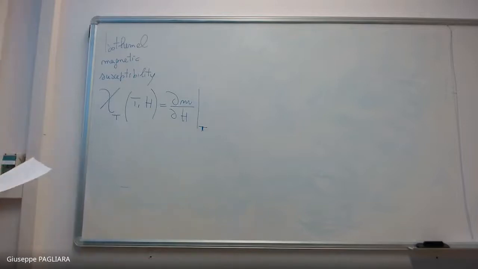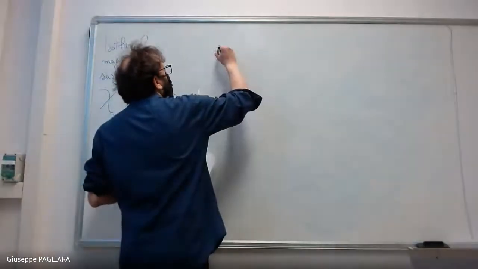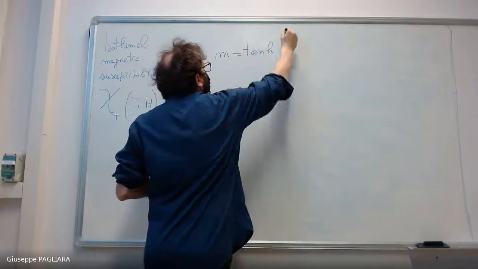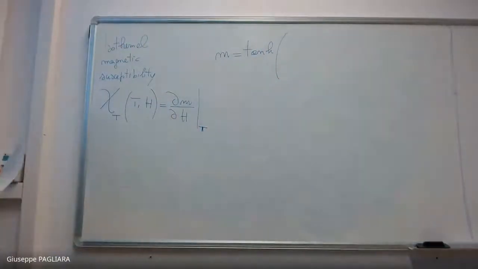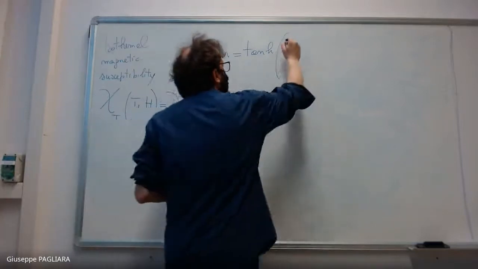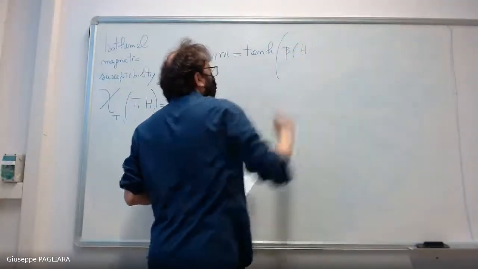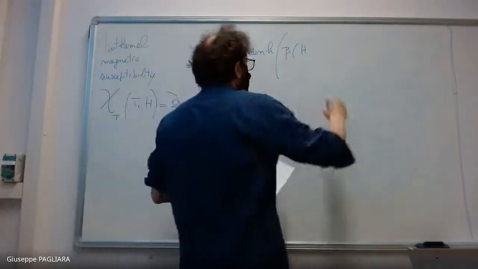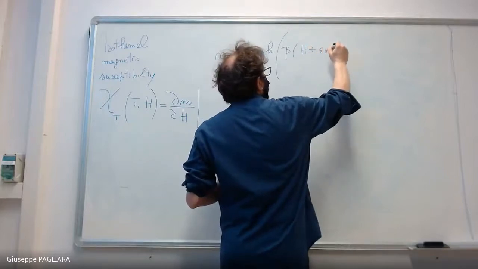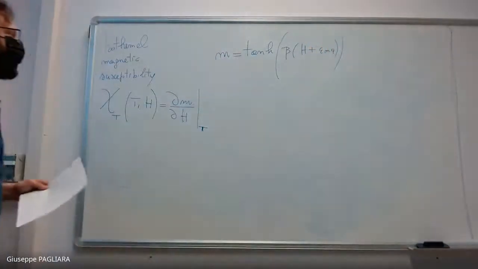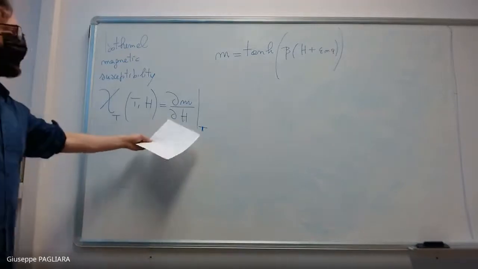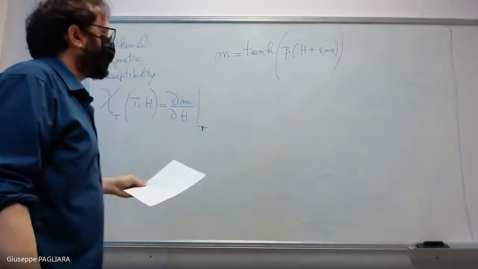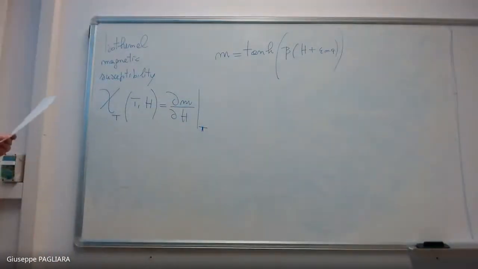Now, to compute this quantity, we have to start over with m equal to hyperbolic tangent of beta times h plus beta epsilon q m, because I am deriving with respect to h, so I need to keep the dependence on h. So let's try to do it.